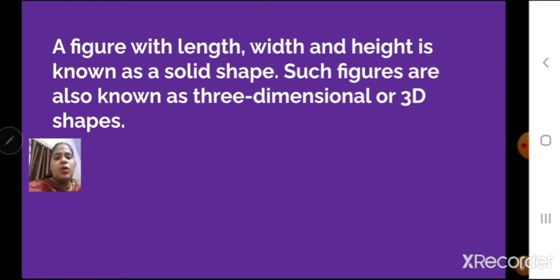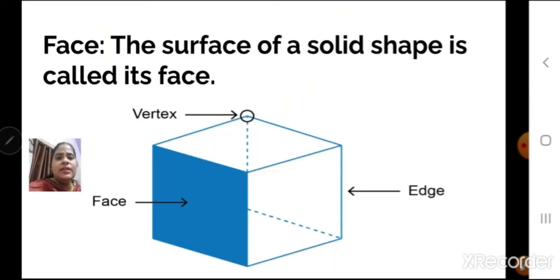A shape or figure with length, width and height is known as a solid shape. Now children, let us understand what is a face. A face of a figure is the flat surface. The surface of the solid shape is called its face.